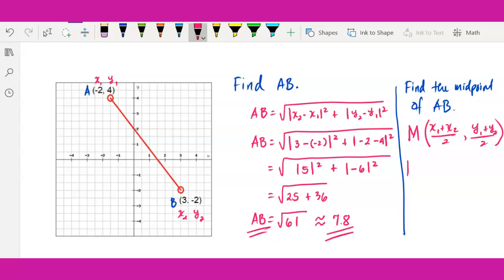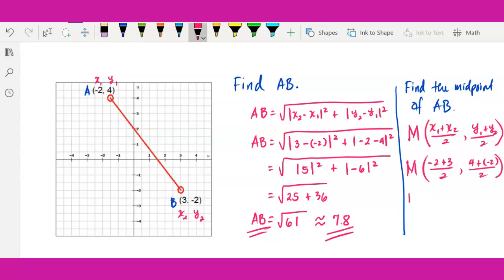So now let's substitute what we know. x1 is negative 2 plus 3 over 2, comma, y1 is 4 plus negative 2 over 2.